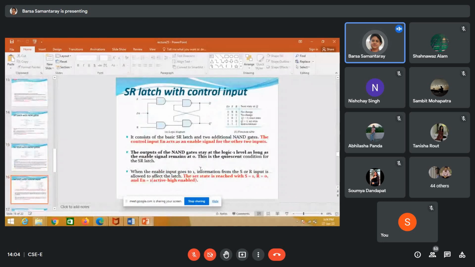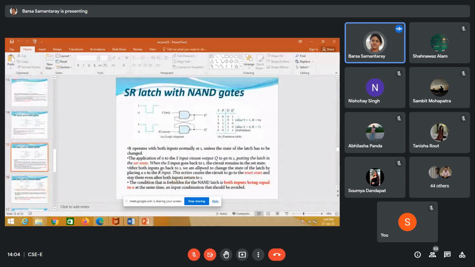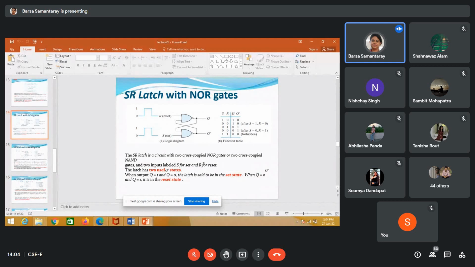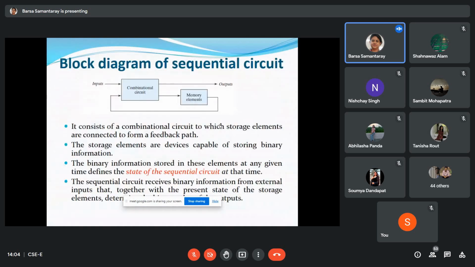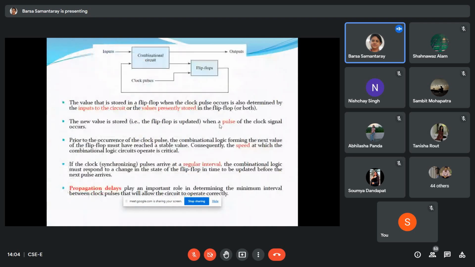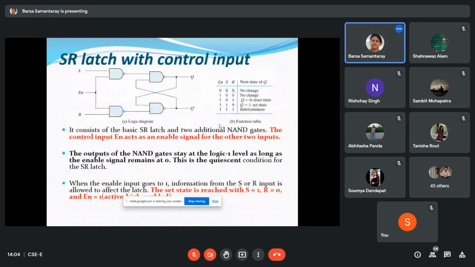So in the last class, we have discussed the SR latch with NAND gate and NOR gate. Have you understood this truth table of SR latch with NAND gate and NOR gate? Because based on this, we will discuss other flip-flops.